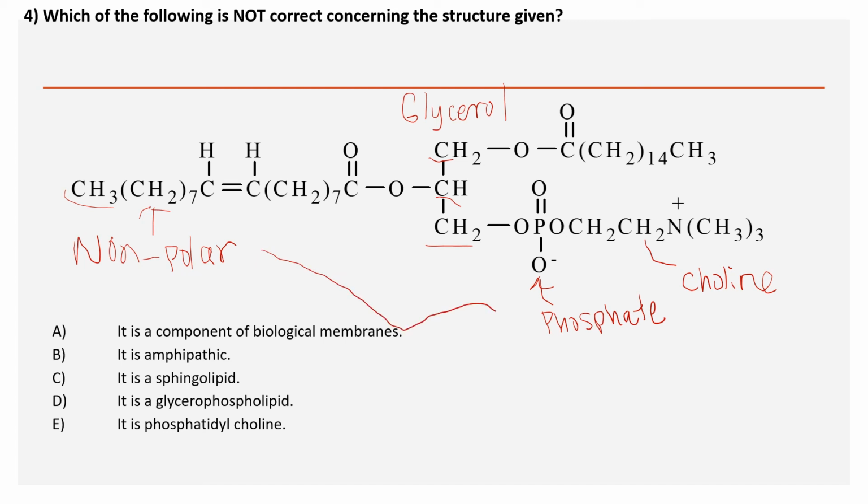So the fact that we have polar and nonpolar means we have amphipathic. We have glycerol right there, and we have phosphate. Phosphatidylcholine. So the only one that doesn't fit is a sphingolipid. If you practiced drawing your sphingolipids earlier, then you would know that that one doesn't fit.